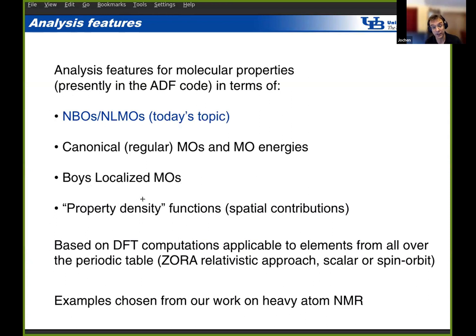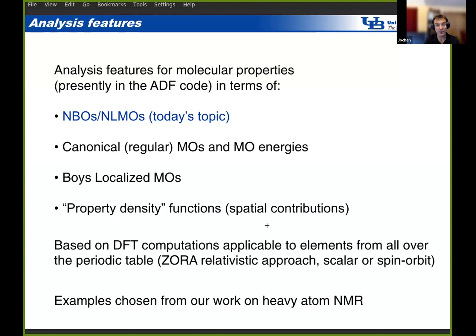And one can also generate property density functions, right? So if you have a quantum mechanical observable, you can always calculate it in some way or another by integration, and through that define, however not uniquely, property density functions, and some people have very heavily focused on that type of analysis.